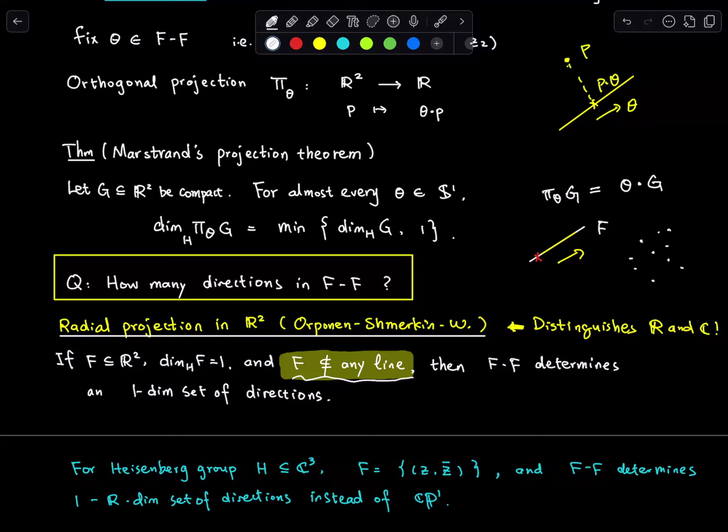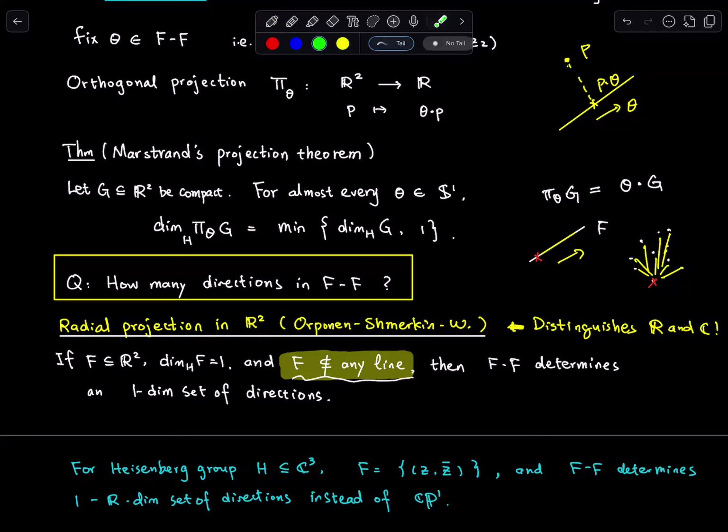The theorem says that if F has dimension 1 and does not contain any line, then there must exist a point in F such that we see many directions. So this is as if we have some light on the ceiling, and someone is standing here, and we want to see how large the shade is. This is radial projection in 3D.